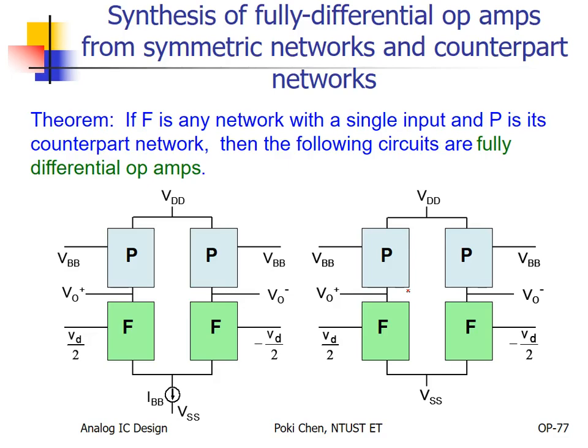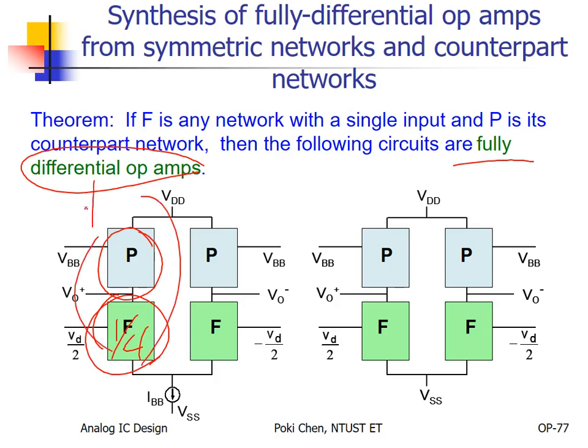How to compose a fully differential op-amp? Differential input and differential output? Very easy. First of all, you have a single-ended amplifier. Okay? We call it a quarter circuit, 四分之一电路. Only a quarter of the whole. Then you have its counterpart circuit to compose half circuit, and then flip to the left or to the right, I don't care, to get the other half.